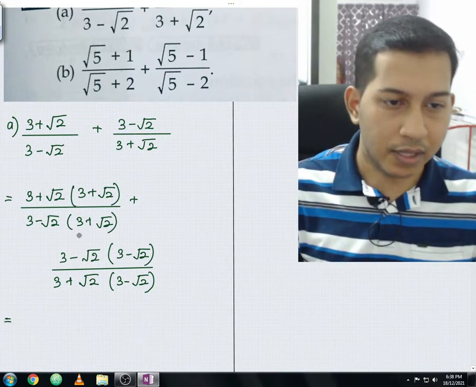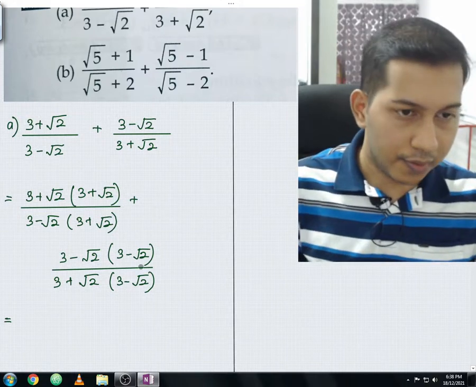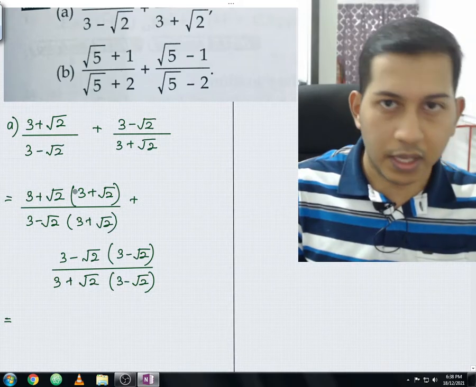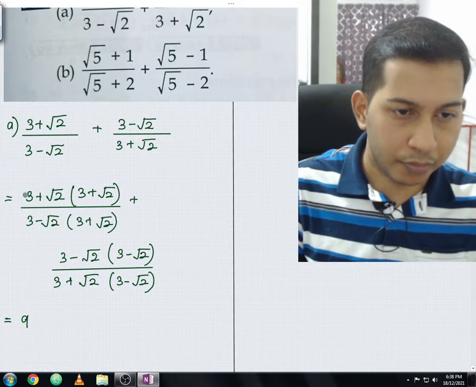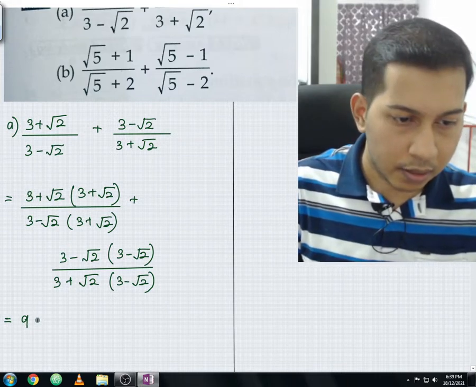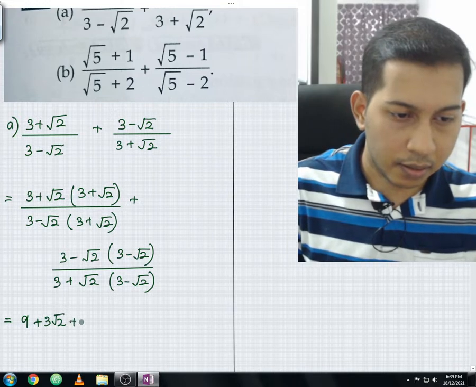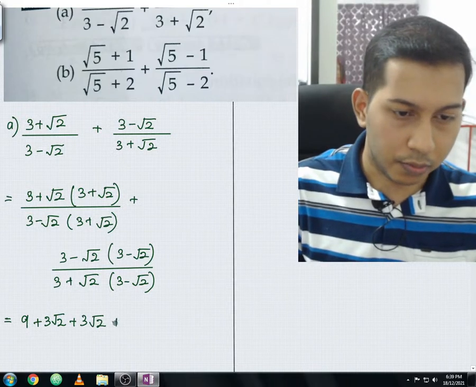We solve the first fraction and then go to the second fraction. From here, 3 times 3, you get 9. 3 times √2, you get plus 3√2. √2 times 3 is 3√2. √2 times √2, you get 2.